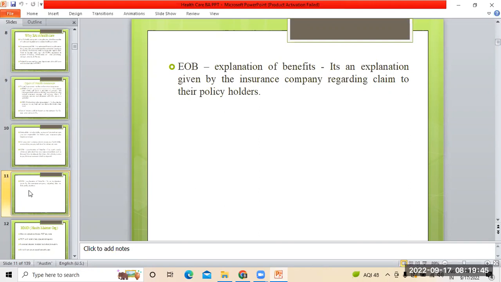maybe IT companies, and so on. Insurance companies will tie up with IT companies, as an example I'm taking. IT companies will provide services like health insurance to their clients or employees.